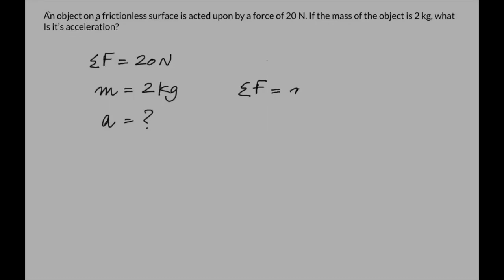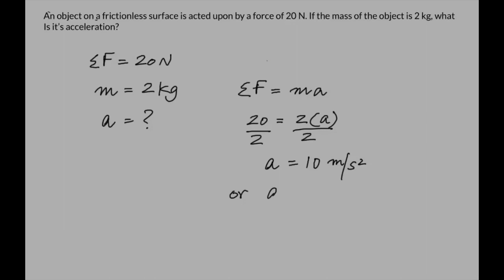All right, those are the given quantities, and by the second law, net force is equal to mass times acceleration. Plug it into that, divide both sides by 2, and you get the acceleration of the object. So that's very simple. Remember that the unit of acceleration could also be Newton per kilogram. Usually we use meters per second squared, but you could also have it as Newton per kilogram.